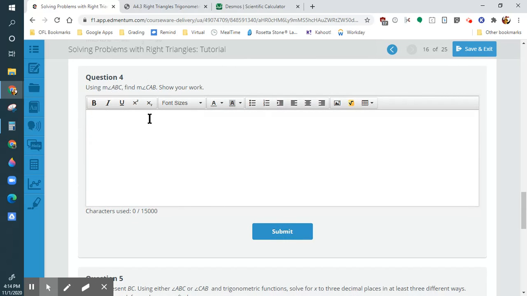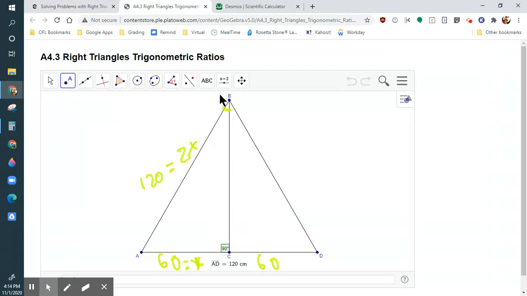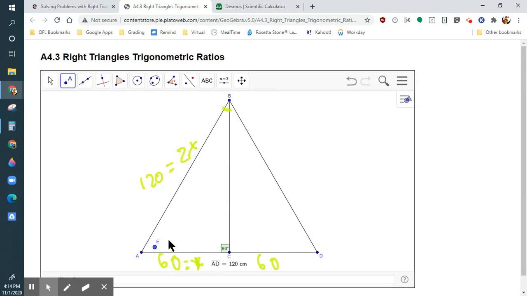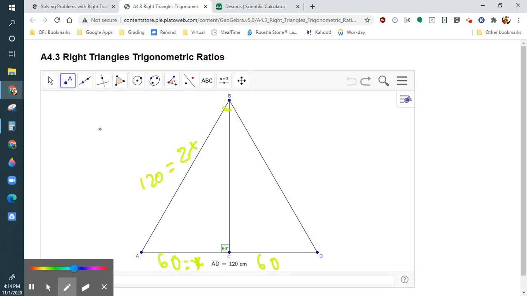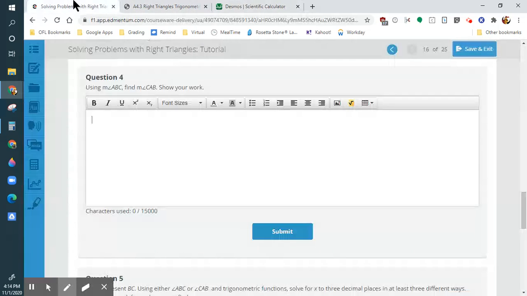Using AB, what is sine? Show your work. CAB. Oh, they're asking us to solve for this angle. So that one we're just going to use the sum of angles theorem.